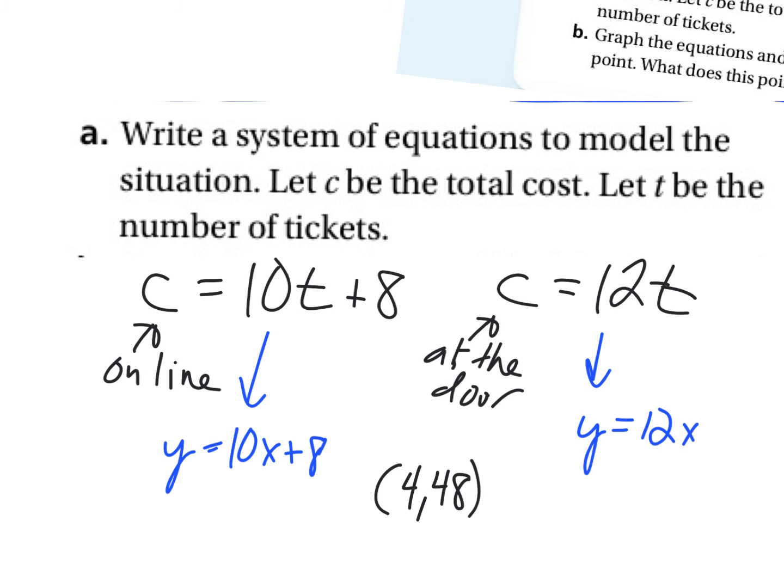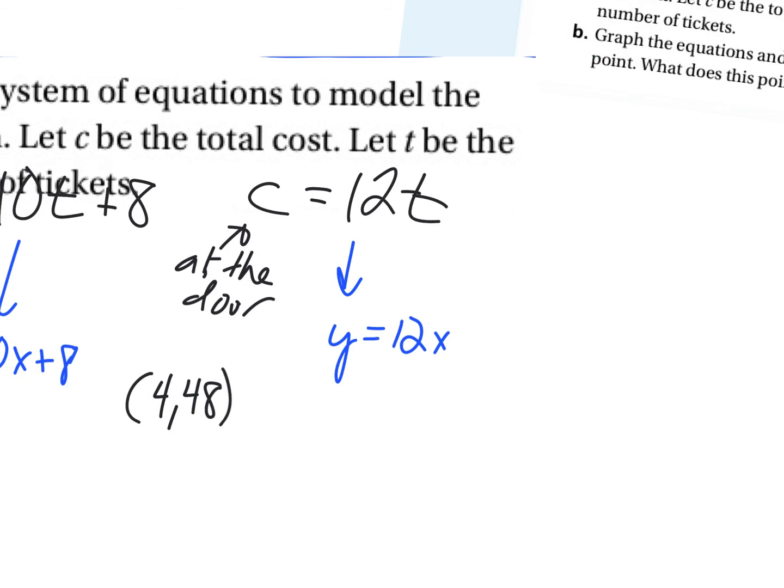And this is actually going with part B. It's asking what is the intersection point and what does it represent.